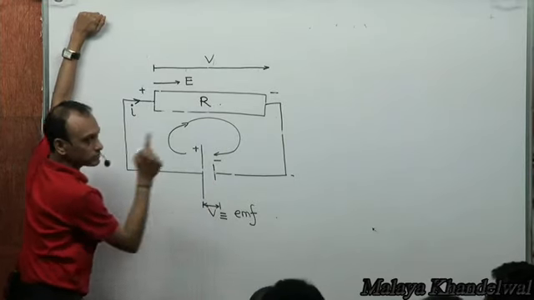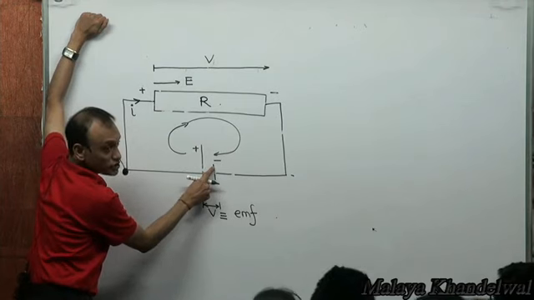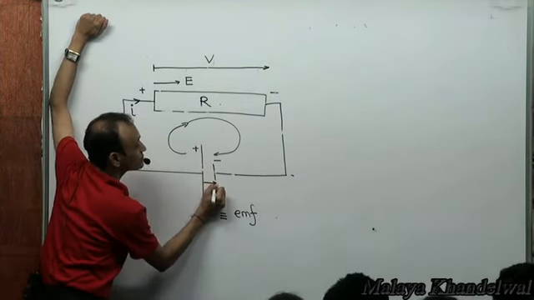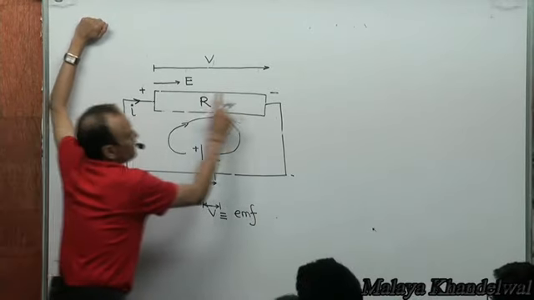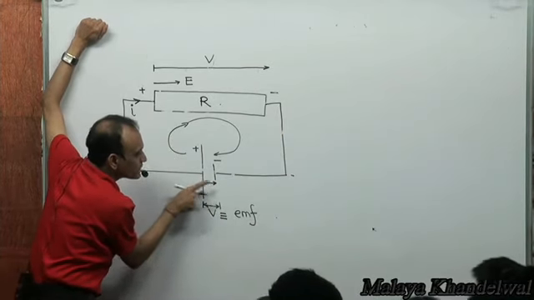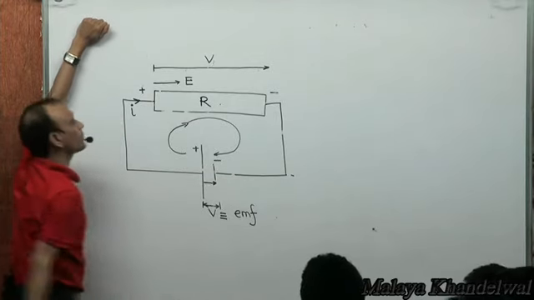Inside the battery, this is the positive terminal, higher potential. This is the negative terminal. The electric field is in this direction. Do you realize that? The electric field across the resistance conductor is like this, whereas between the terminals, the electric field will be from positive to negative. Yes or no?